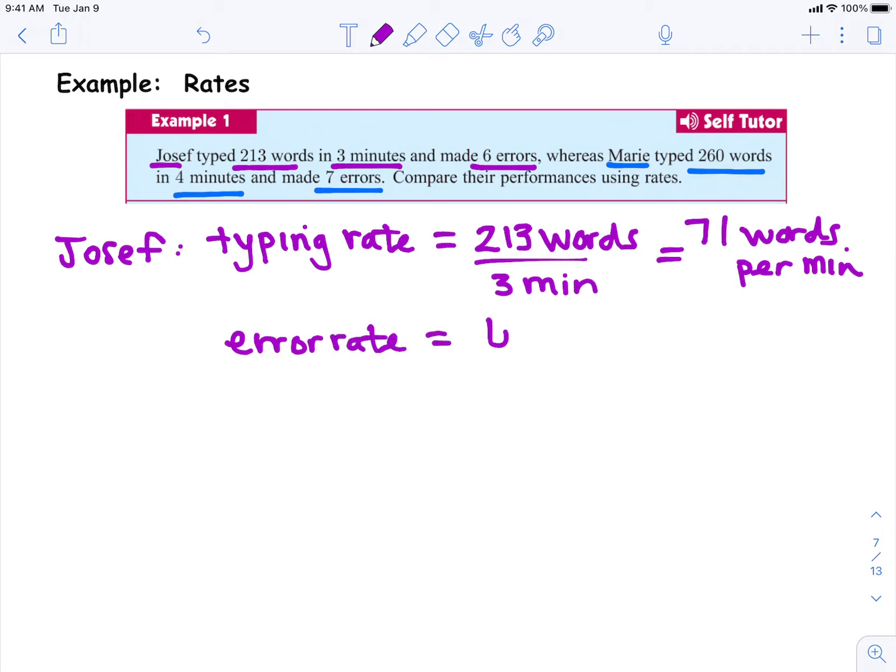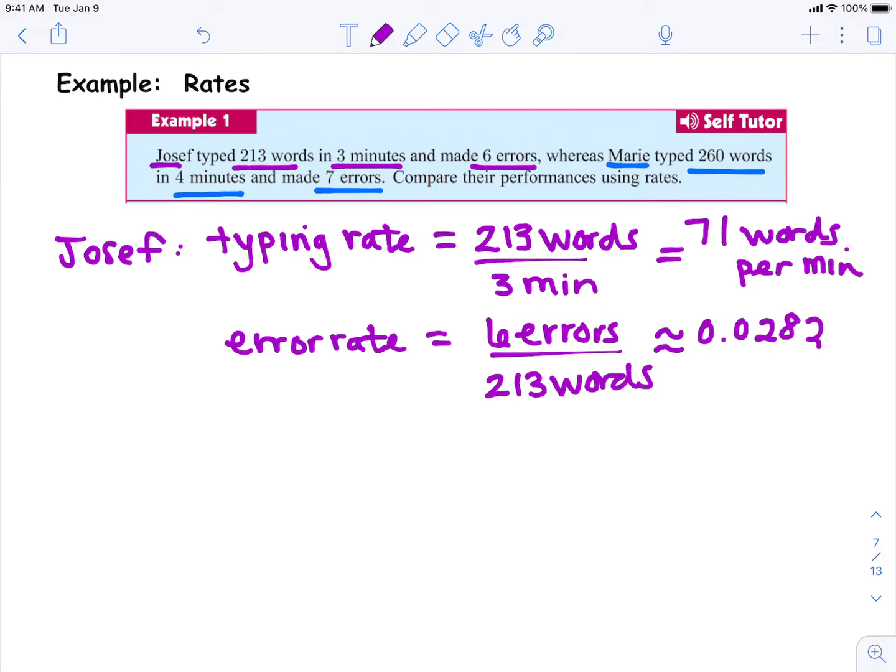So he made 6 errors in 213 words, which is approximately 0.0282 errors per word.